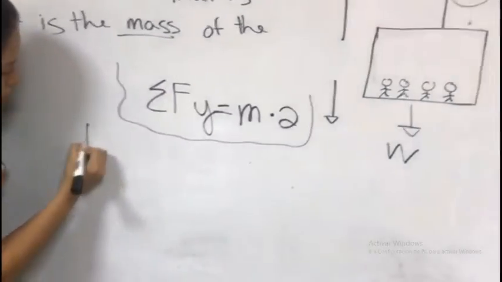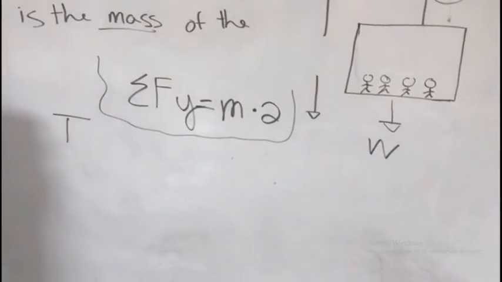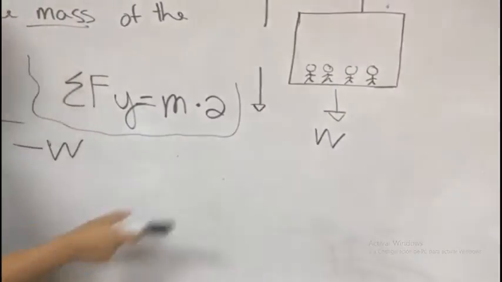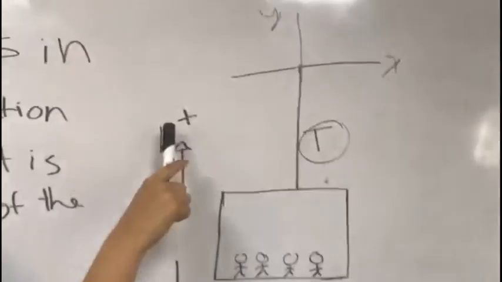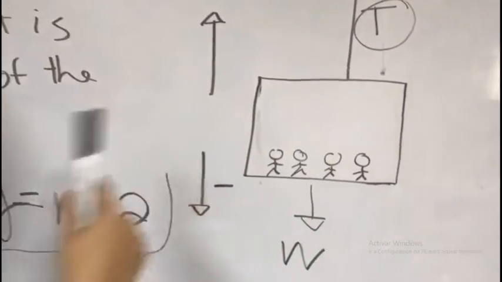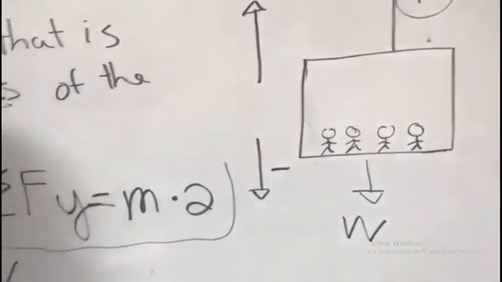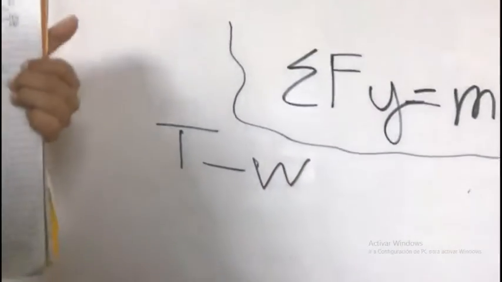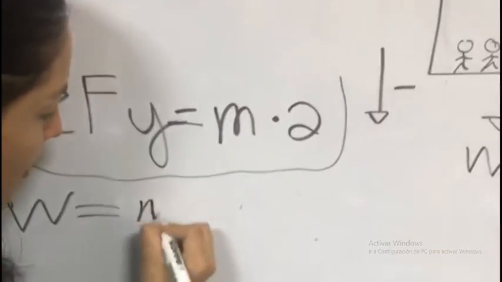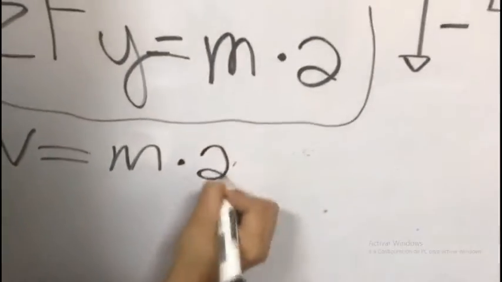So we put tension. Tension is positive, but we have weight too, and weight is negative, because we can see in that graph that if it goes down, it's negative. So weight is negative equals mass times acceleration.